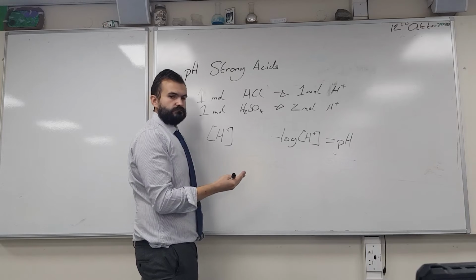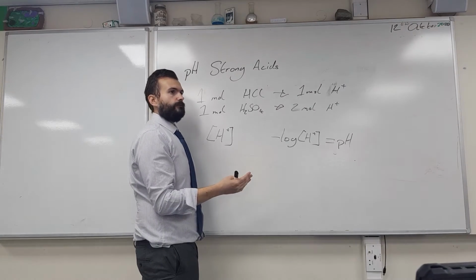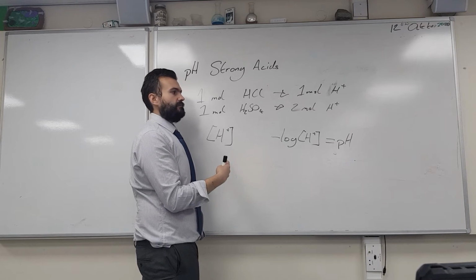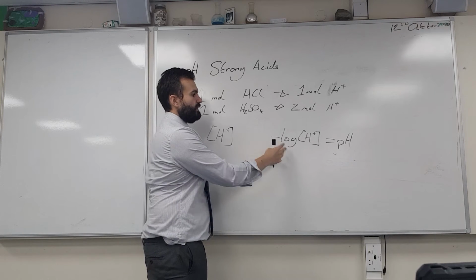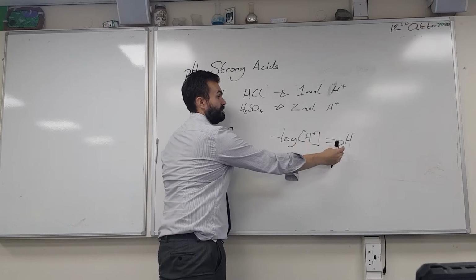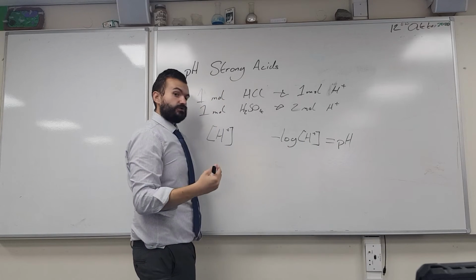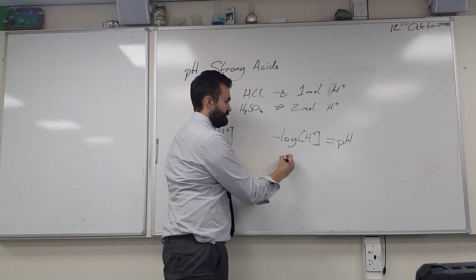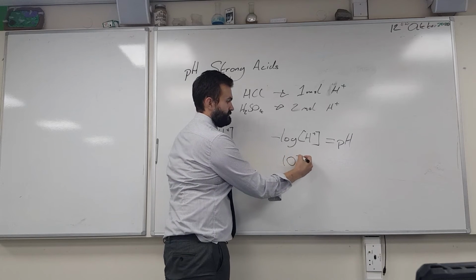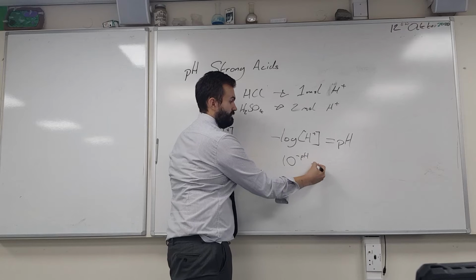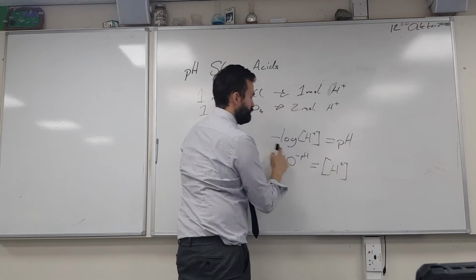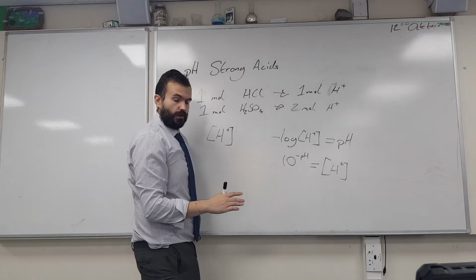At A level and GCSE that would still work because we're only dealing with normal acids, so we're never going to get a minus pH. We can also do it the other way around: if we've got the pH, 10 to the power of minus pH gives us the concentration of H+. We're going to be using these two things all the time.